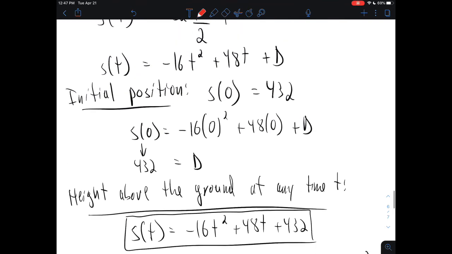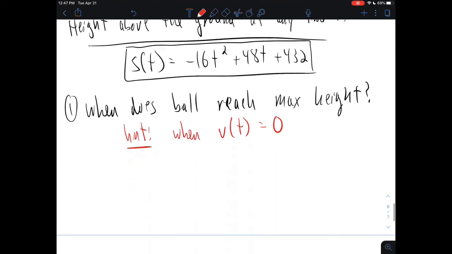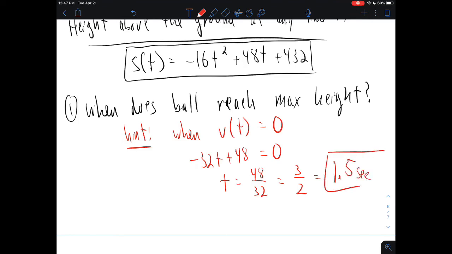So we already had our velocity function, negative 32t plus 48. So that means that t is equal to 48 over 32, which is the same thing as 3 over 2, or 1.5. And we're measuring time in seconds here. So 1.5 seconds.